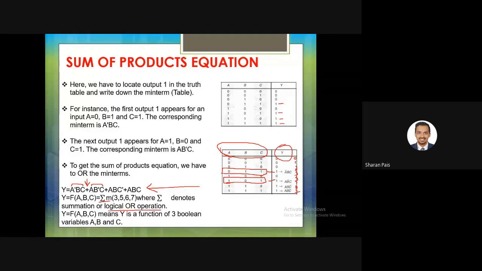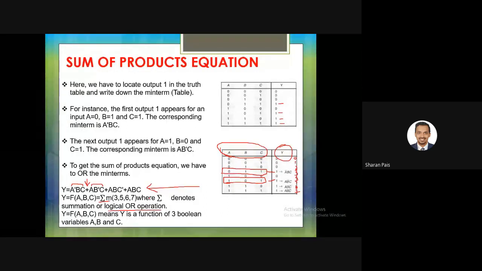So any doubts now while writing the equation for a truth table? So you are given one table, then you should focus on the output one, a high output in the Y column, in the output column. Then you need to write the fundamental product for those high terms, then OR together. All the fundamental products you have to take together, and in between those terms you have to put the OR operation.